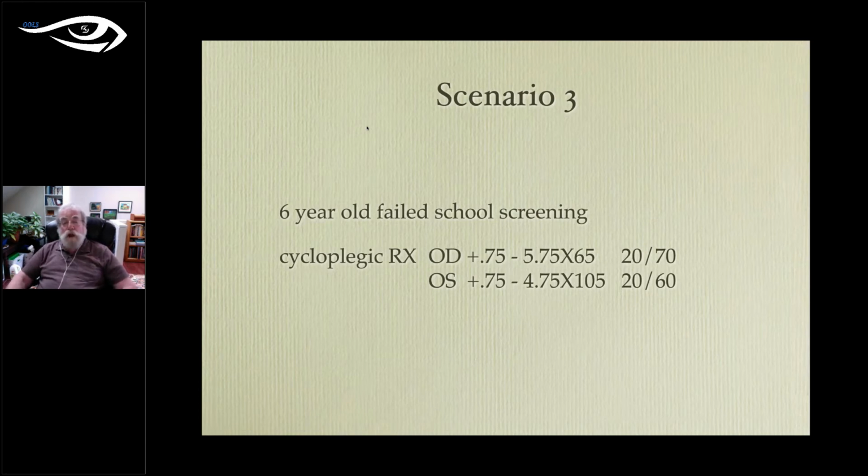Well, in this situation, there is an assumption that there is no strabismus. There is an assumption that there is no amblyopia relative of one eye to the other. So the binocularity is still intact, although it is not normal.